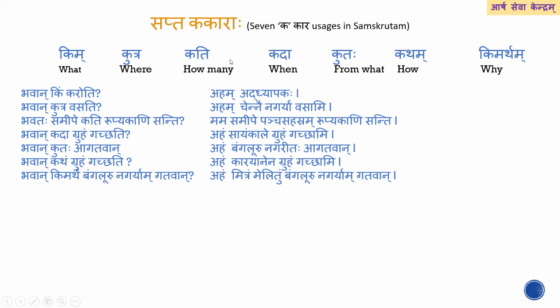So when you say kati, the very word how many implies the next one must be a plural. That is why I said, this is the only thing you have to take care, observe in this usage. If you use kati, it will be followed by a namapadam. That namapadam must be plural. That's the only thing. Okay?